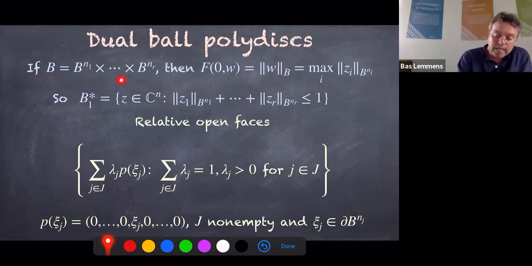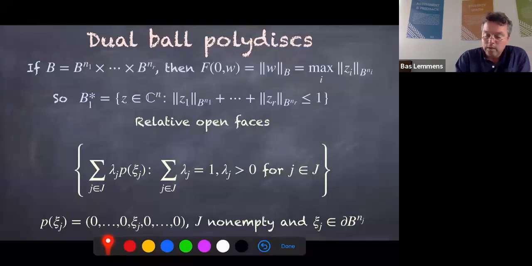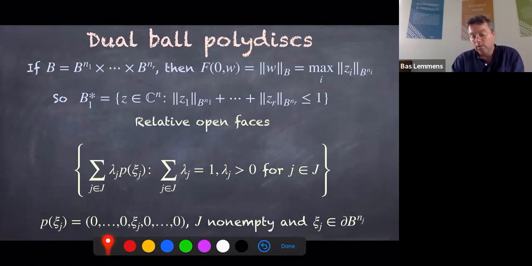We have our domain here, which is a product of these balls, and then we know that the infinitesimal form at the origin is just given by the norm coming from this ball. So this norm has open unit ball B, which is nothing else than the maximum of these things, because it's a product. To be in here, you need to have the maximum at most 1. So the dual ball is like an L1 over this product. So I sum this. The requirement is that I have sum at most 1.